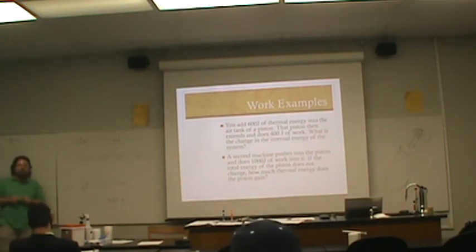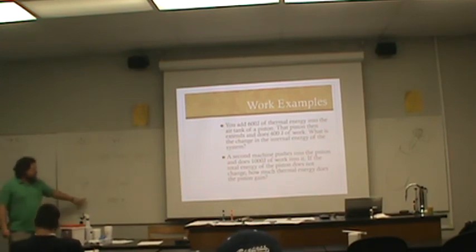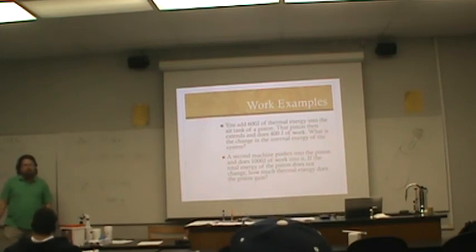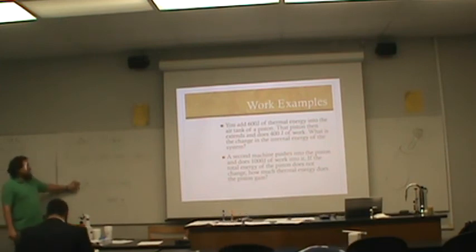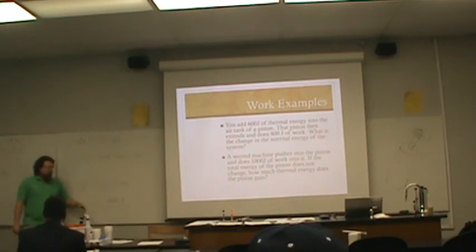if you were to do work on a system and its internal energy level did not change, that means that every single joule of energy you put into it is going to escape it as thermal energy. If you did have a process that did not change the internal energy level of an object, it was 100% efficient, none of the energy stayed behind, any energy you put in will come back out.